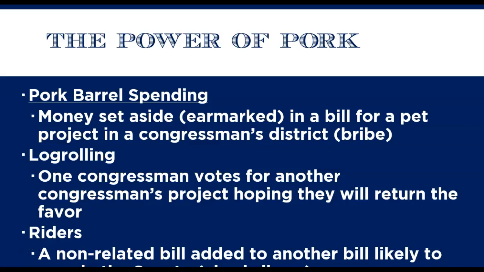But since they really, really want this to pass and they want to have cooperation from the other side, they'll allow it to be a rider on that bill and pass it both on through. So those are all three ways people kind of underhandedly utilize bribery, somewhat, to get things passed through.